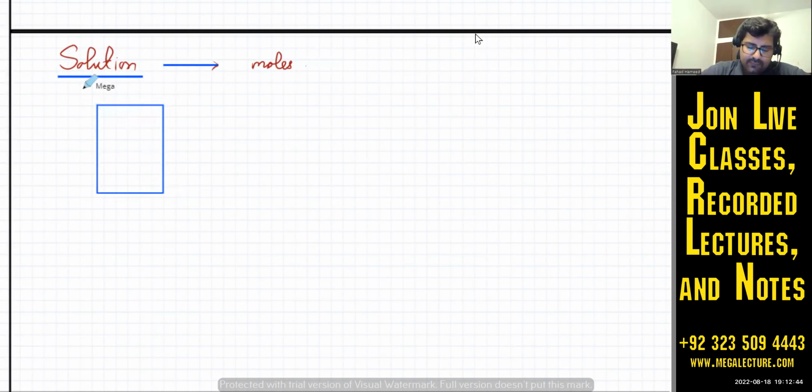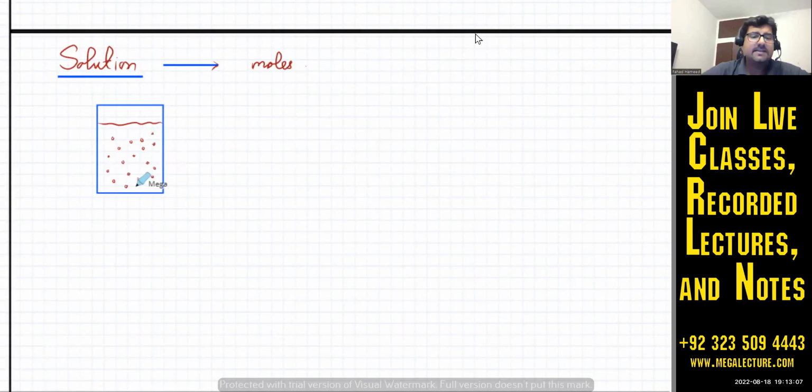So let's say there's a solution, and the solution has particles of sugar mixed into it. Glucose is C6H12O6, right? And it's got a lot of particles mixed in it.